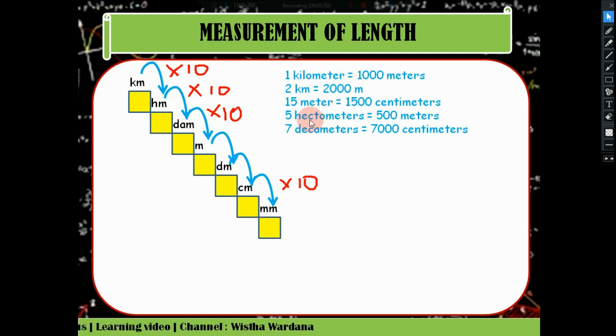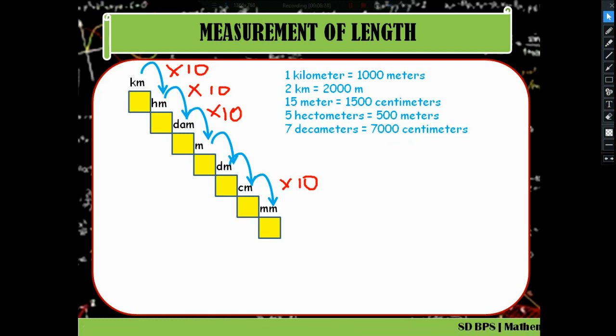And 7 decameters equal 7000 centimeters, because from decameters you move down until centimeters, so you multiply 7 decameters by 1000. Do you understand?